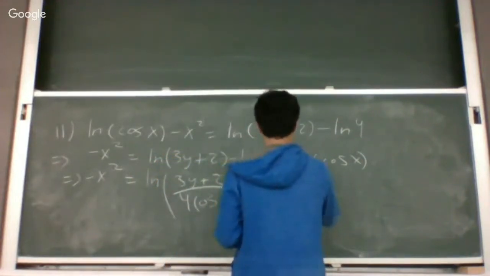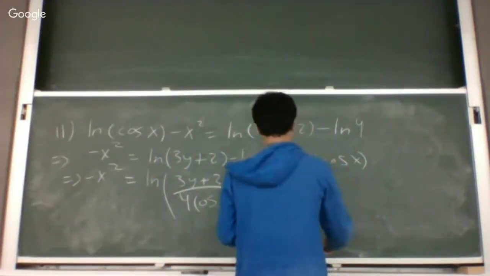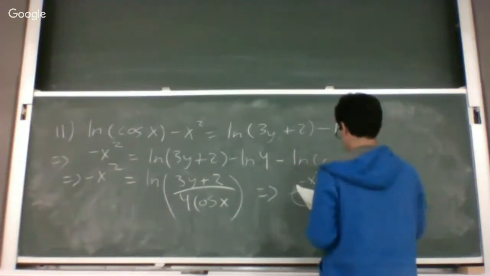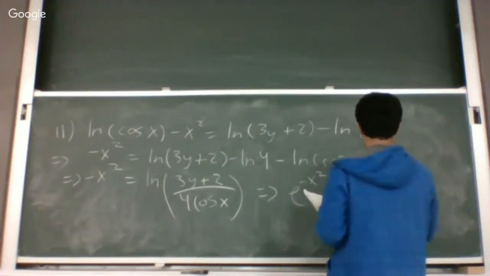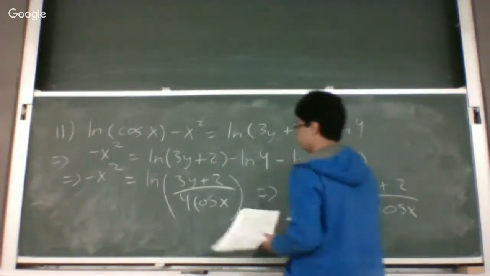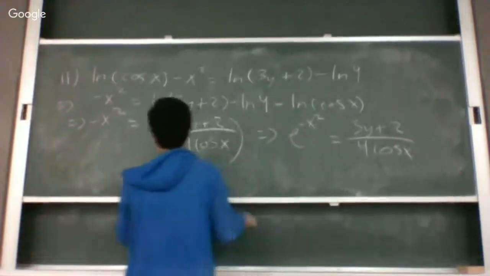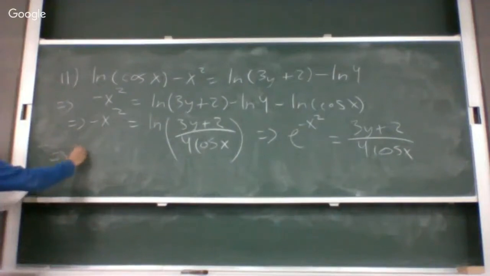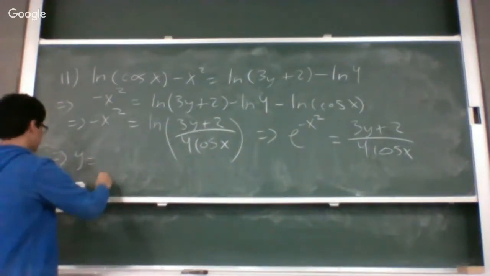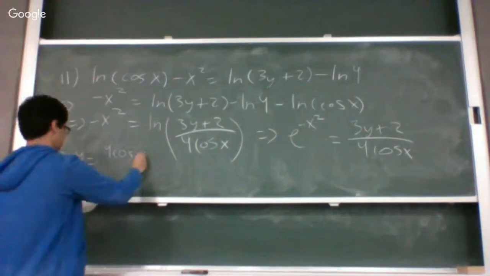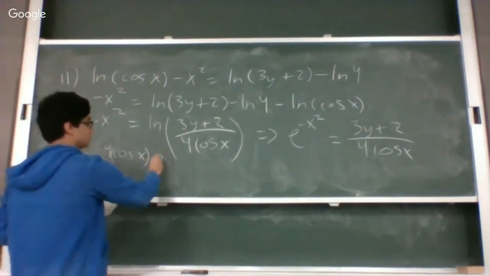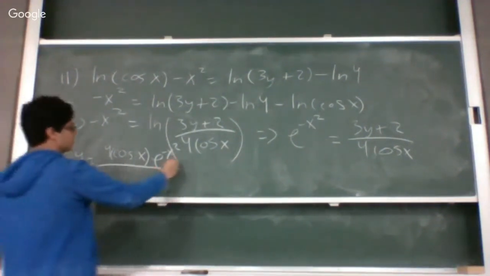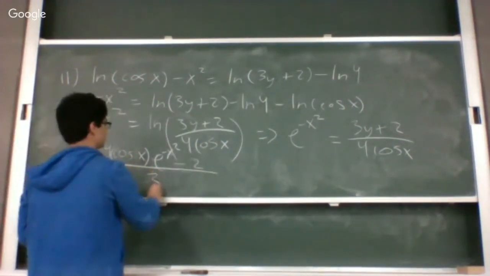We have e to the negative x squared equal to 3y plus 2 all over 4 cosine of x. And I'll just write down here, y is equal to 4 cosine of x times e to the minus x squared, minus 2, all over 3.